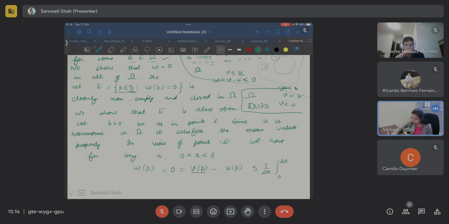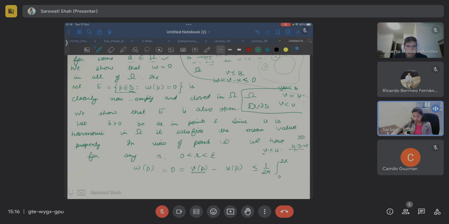Now V is less than or equal to U, and U is a function from D to R such that U is harmonic and continuous on the boundary del D, and V is also continuous in the whole region omega.